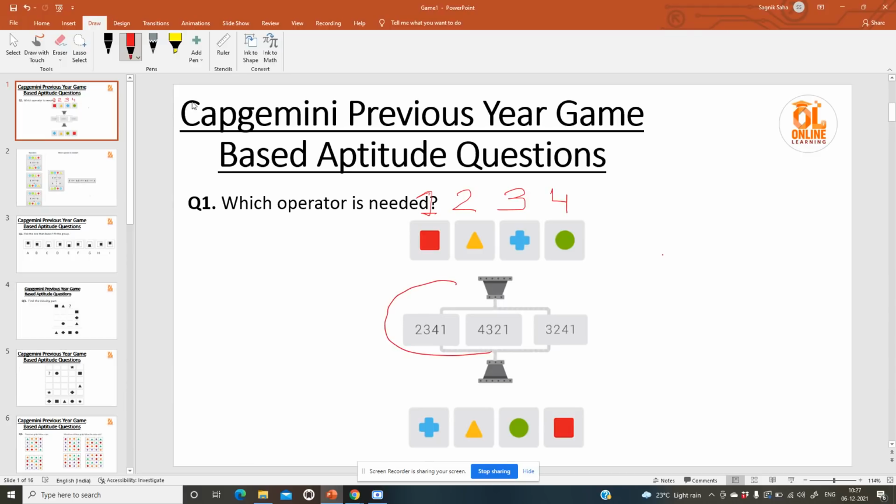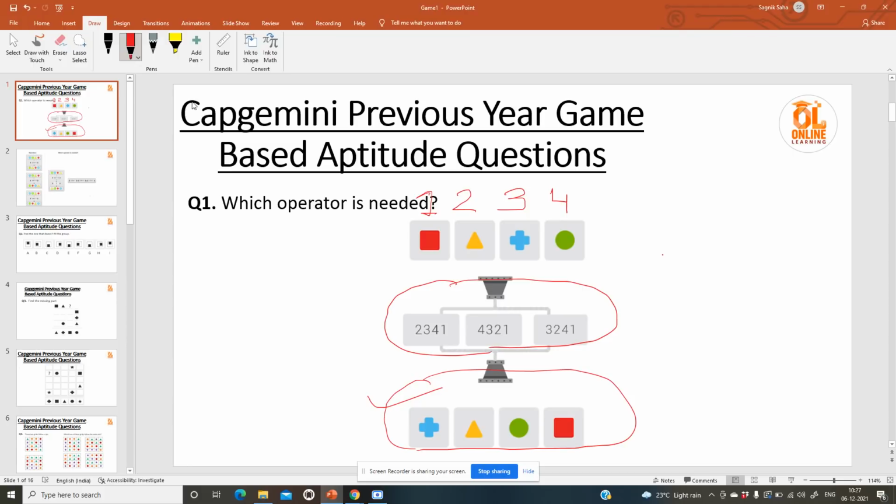These are the operators. You have to choose the correct option, and the shapes are again given in order. You have to find in which arrangement you have to choose the operator so that the final answer will be this. So carefully observe. Here the first shape is the plus sign.